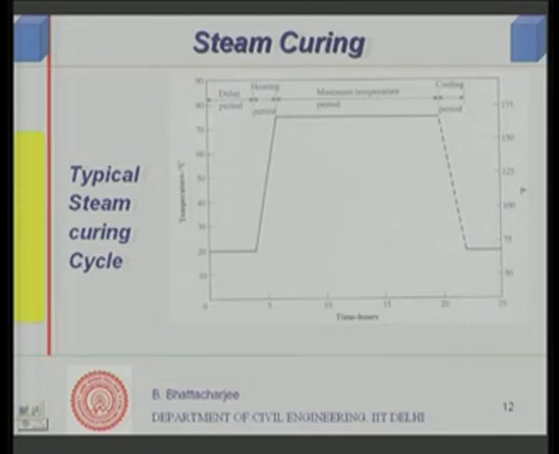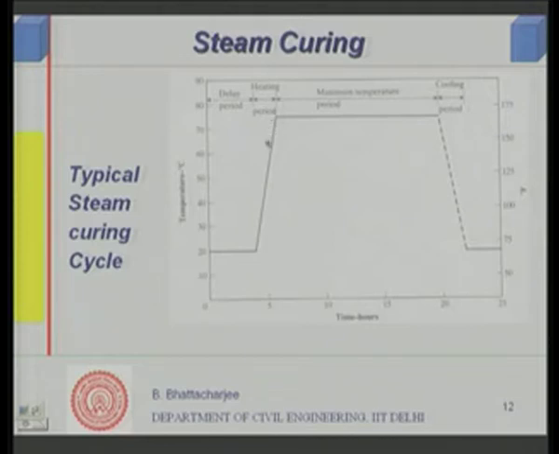This is the heating period. Steam is usually circulated through pipes or through a cover. Even in precast industries especially, people use tarpaulin covering the element, and supply steam just below the tarpaulin, so steam is passed onto the surface of the concrete.